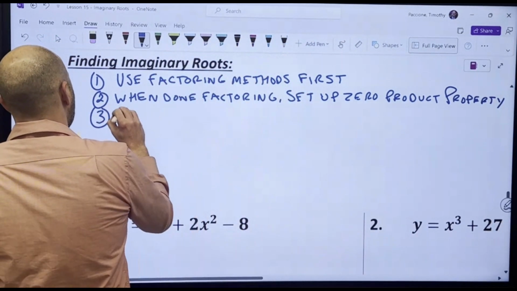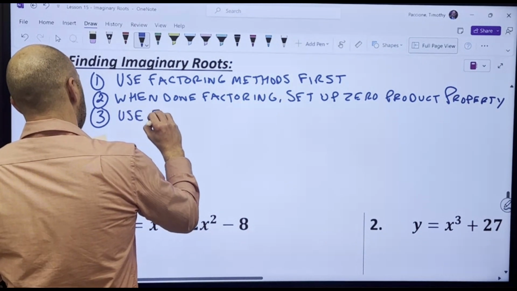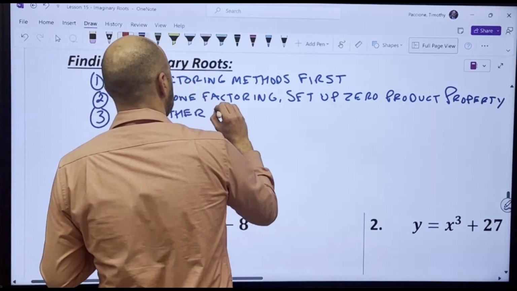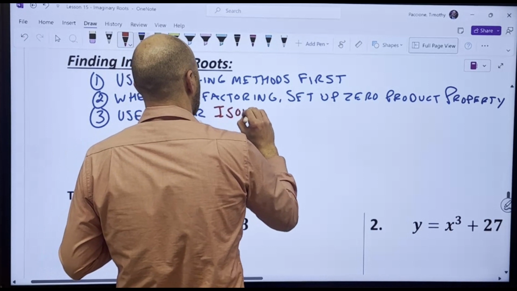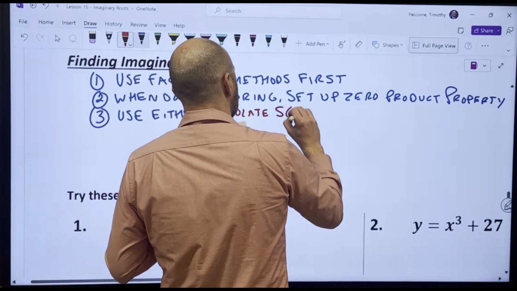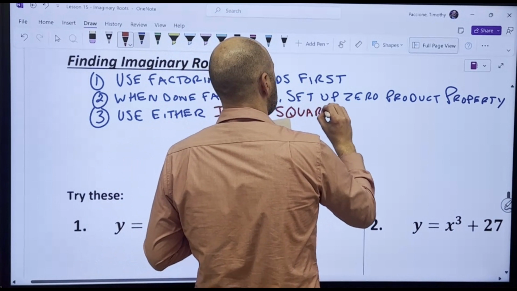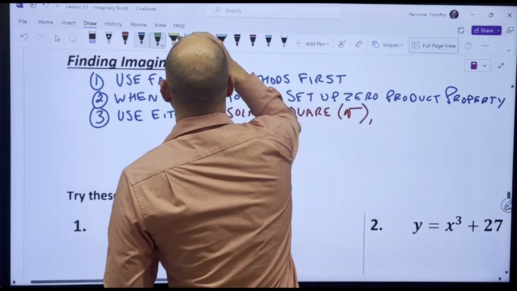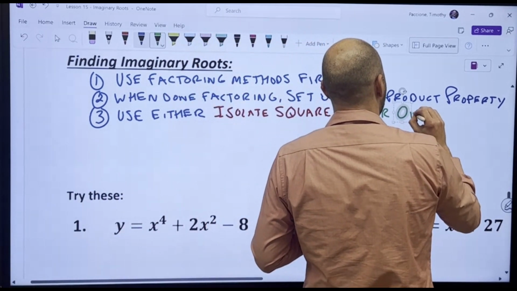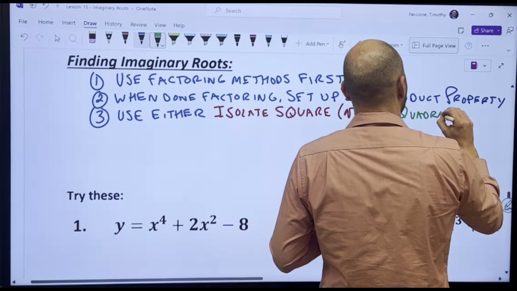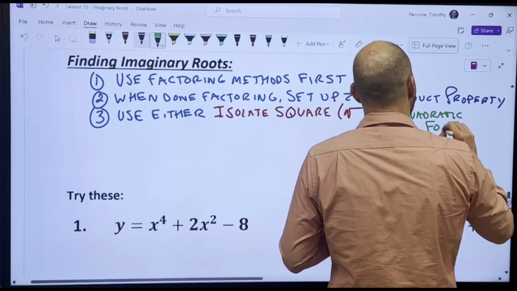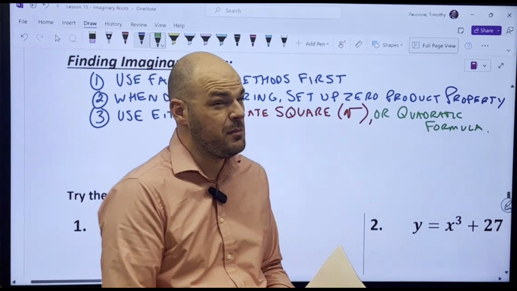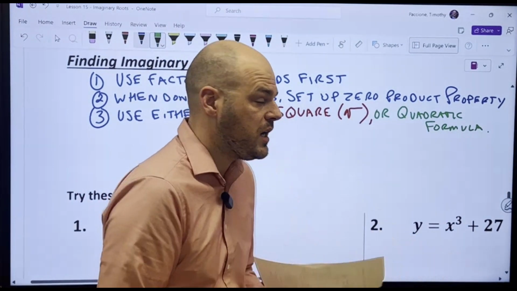After that, we use either isolating the square, which is our square rooting both sides thing, or quadratic formula, to solve the piece that was not factorable, that wasn't a binomial, that isn't just super easy to zero product property, right?